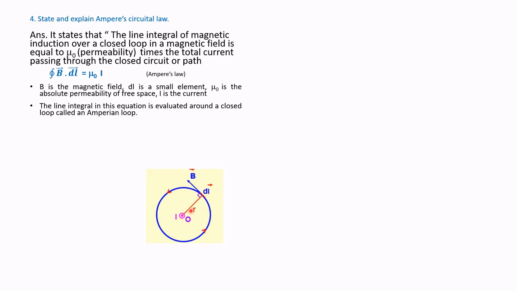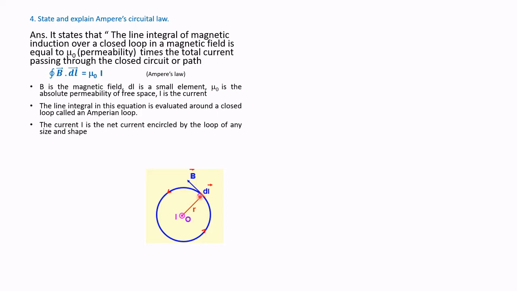The line integral in this equation is evaluated around a closed loop. This loop is called the Amperean loop, and I is the current in the conductor at the origin O, at a distance dl. dl is a small elemental length, and mu naught is the permeability.